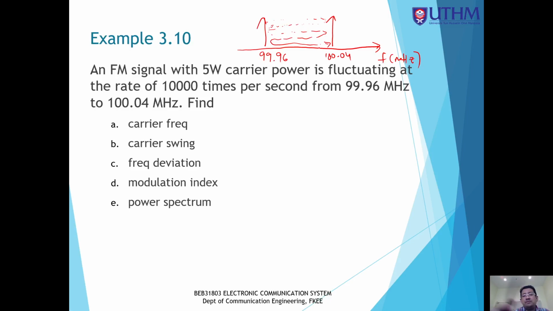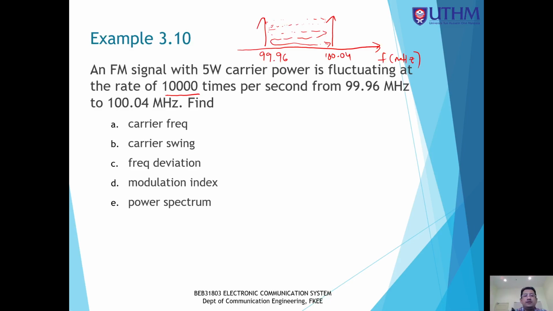It moves from 99.96 until 100.04 about 10,000 times per second. That means within one second it already fluctuates 10,000 times, 10,000 cycles per second.